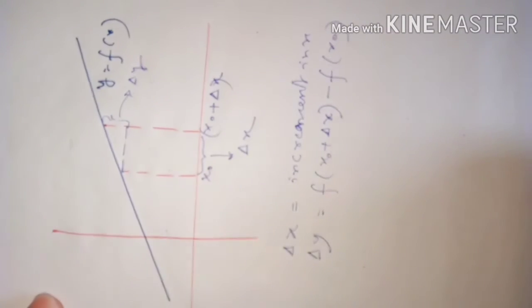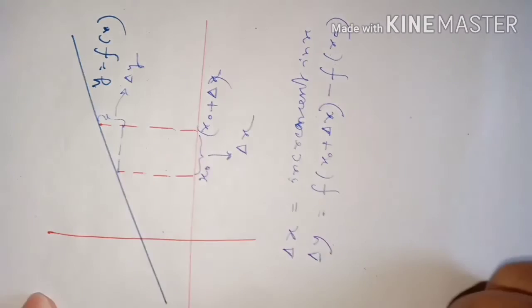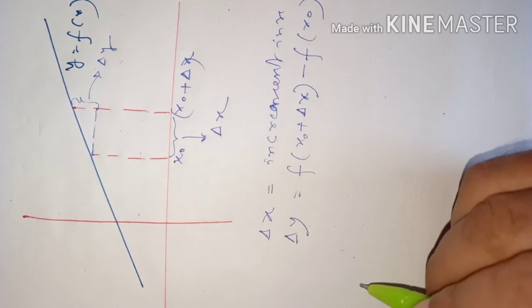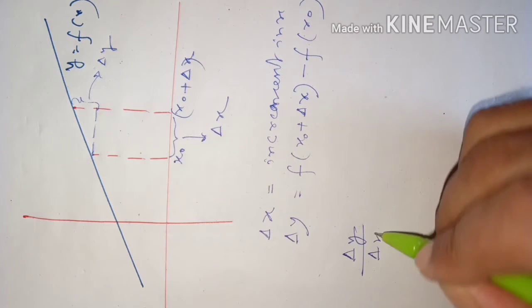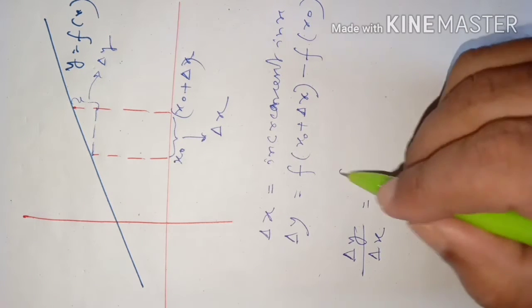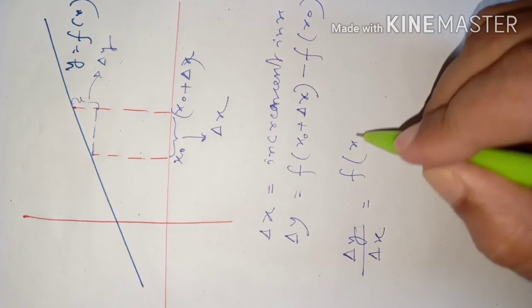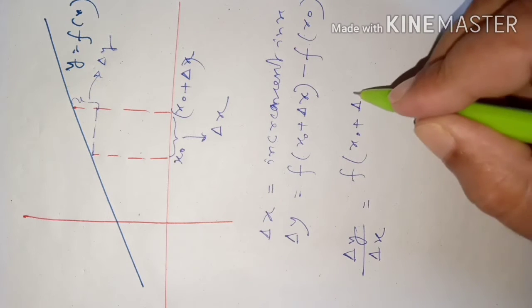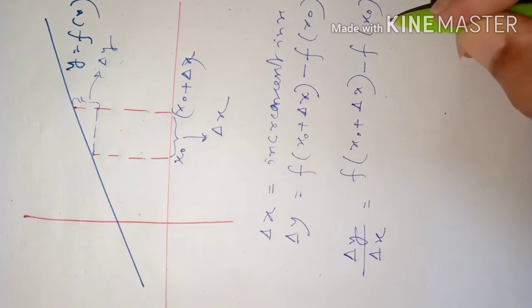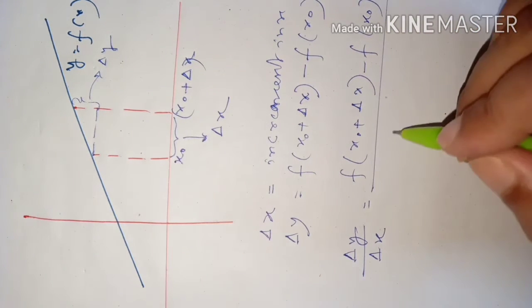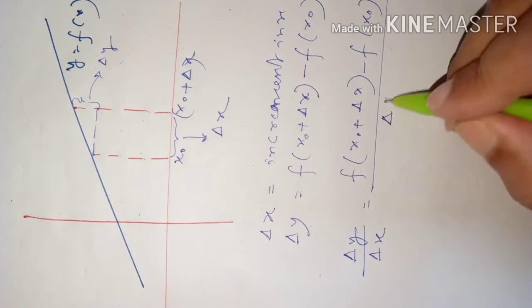Now dear students, what was the definition of differential coefficient? Suppose delta y by delta x, when we take their ratio, that will be like this: f of x naught plus delta x minus f of x naught, that is change in y divided by change in x.